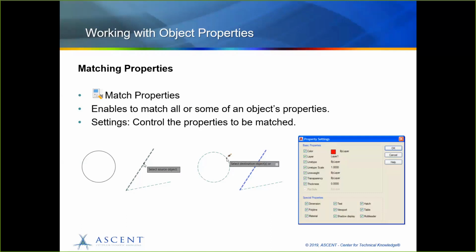Match properties works across drawings as well. If you specify the source object in one drawing, then in the drawing tab bar, you can click into another drawing, switch to it, and then select the destination object in the second drawing. If a layer in the source object does not exist in the destination drawing, it will be created automatically, because you're moving that property into another drawing as well.